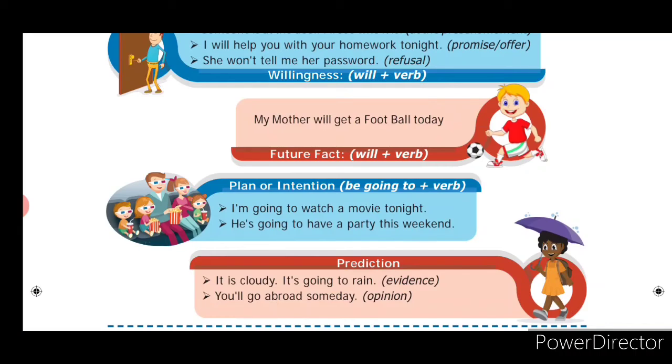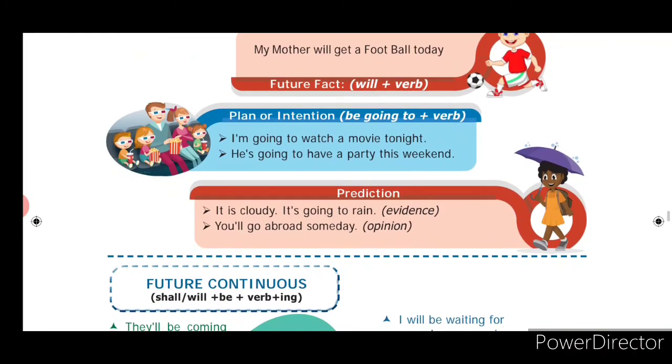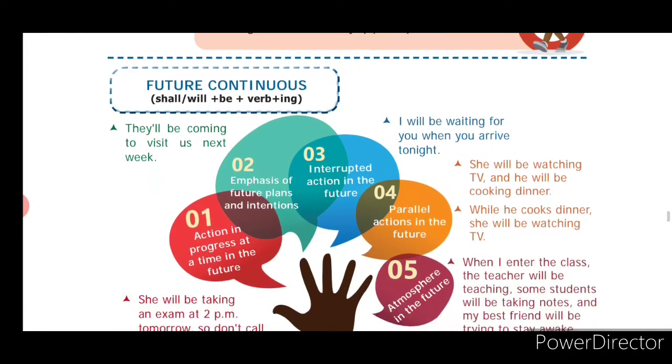Okay children, I hope you have understood where to use the simple future tense. It is used to express three things: instant decisions, offers and promises. The structure is subject plus shall or will plus verb. Next is the future continuous tense, and its structure is subject plus shall or will plus be plus verb plus ing.